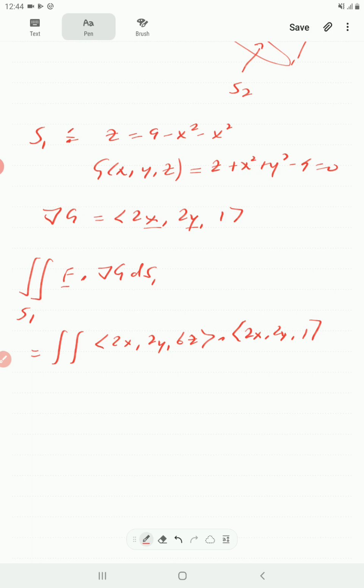Okay, so if you remember that z is 9 minus x squared minus y squared, we can take that and plug it in here. So let's do the dot product.